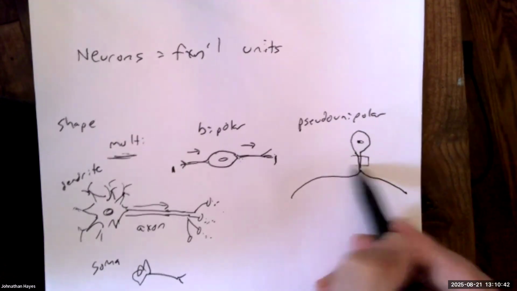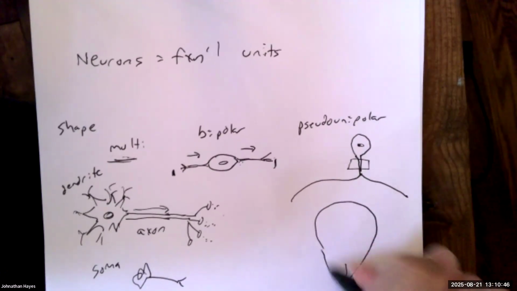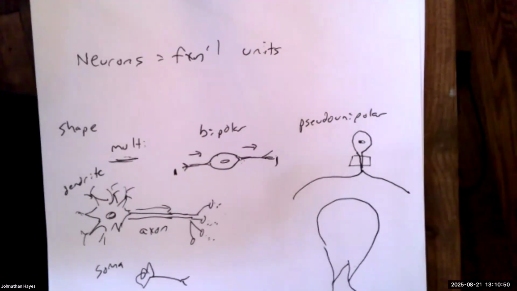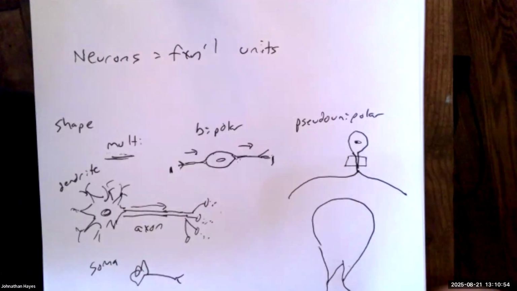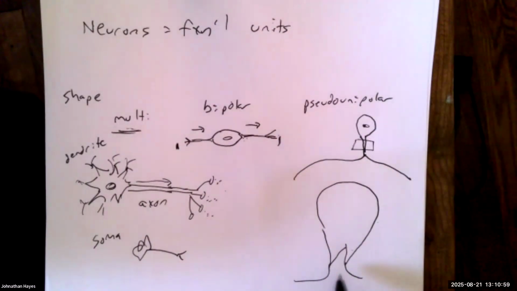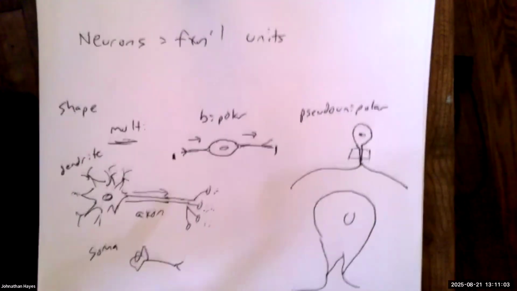So if we kind of zoomed in on that little part right there, it would actually look more like this. It's hard to get everything on here. But it's technically a bipolar neuron, but the two processes have kind of merged together. So we just end up calling it a pseudo-unipolar neuron.